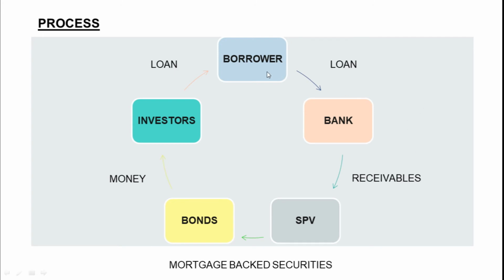Suppose there are borrowers who have taken loans from a bank or any financial institution. Now the bank has receivables as a proof of repayment of the loan. These loans are also backed by mortgage or assets which would serve as proof of repayment.